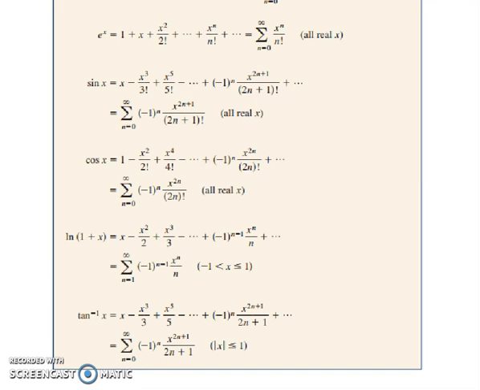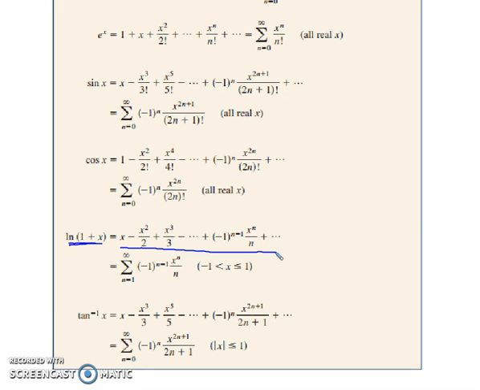So what this means is that if you don't have a calculator, let's say, and you need to evaluate natural log of 1 plus x, but you can't really do it without a calculator, you can approximate the function natural log of 1 plus x using a polynomial function, which is this Maclaurin series here.